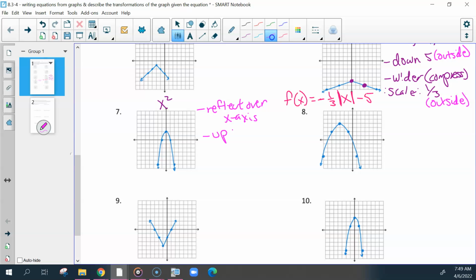So then what did you say? Oh, you already. Okay. It did get narrow. So that would be a stretch. So that means we have to figure out the scale.